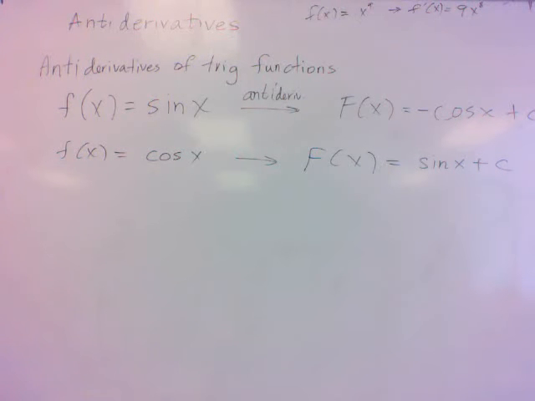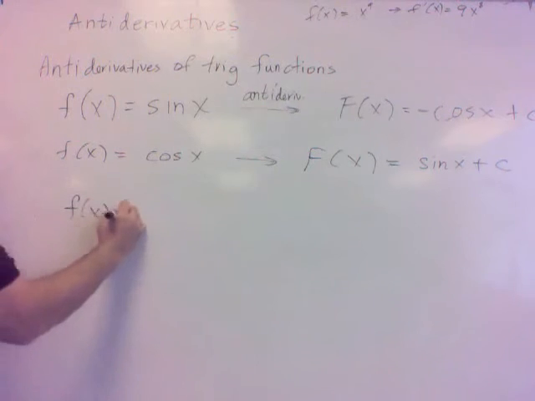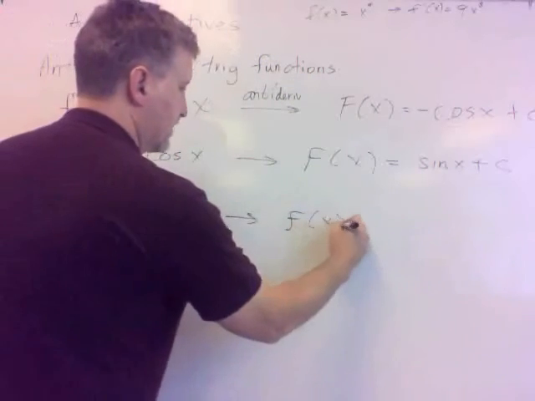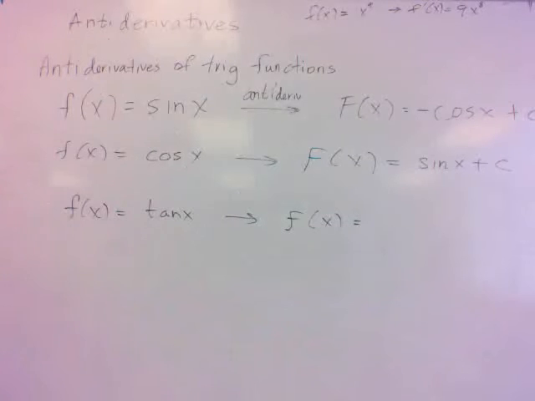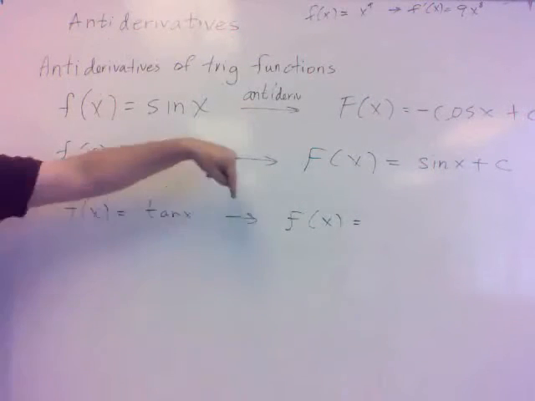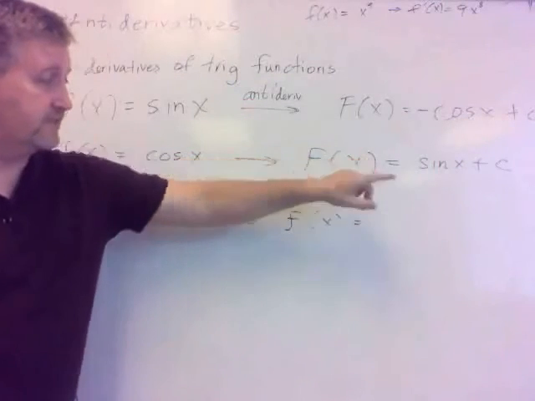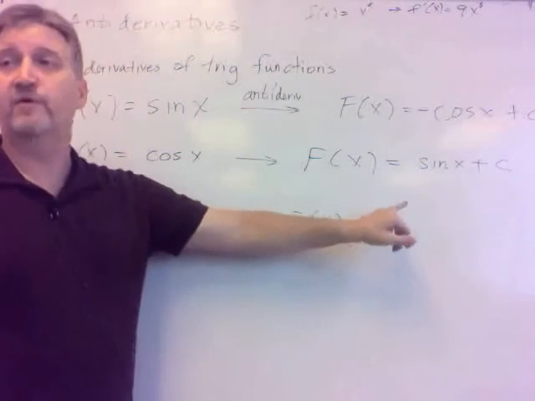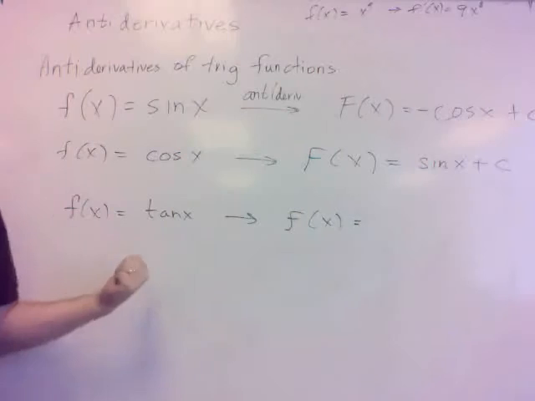Now, here's the other thing. Is there an antiderivative for tangent, or a nice one anyway? For this to work, there would have to be something whose derivative is tangent. There's not a nice one where the derivative is tangent, is there?